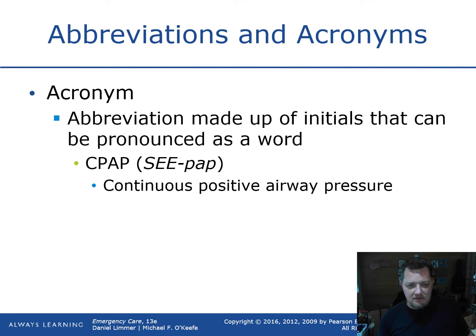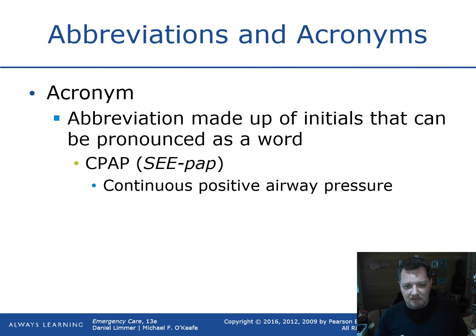So, acronyms. Acronyms are abbreviations made up of initials that can be pronounced as one word. So CPAP, we pronounce it CPAP, and it's continuous positive airway pressure. Another one that you'll see later on down the road in the assessment lecture is SAMPLE.